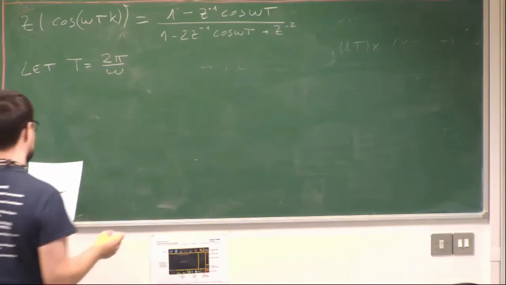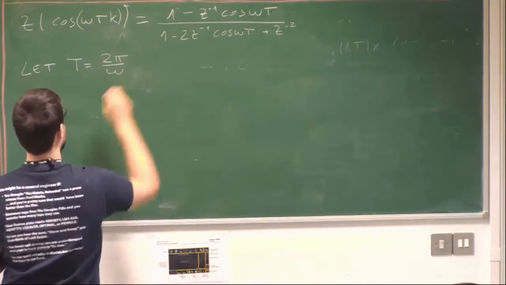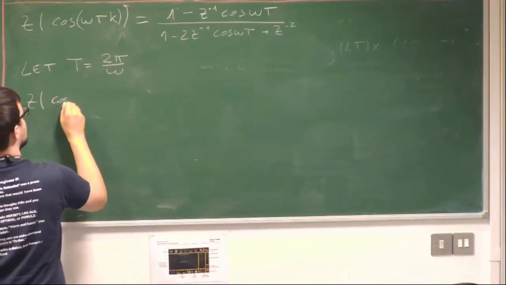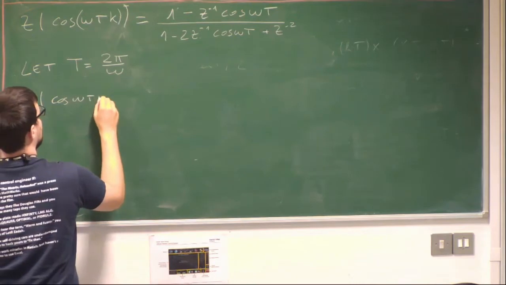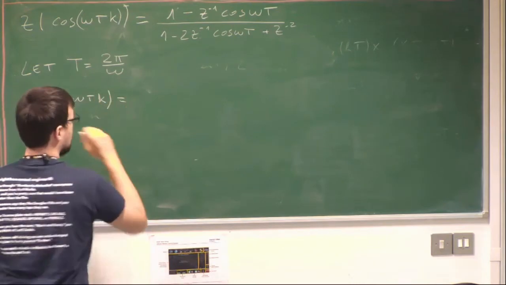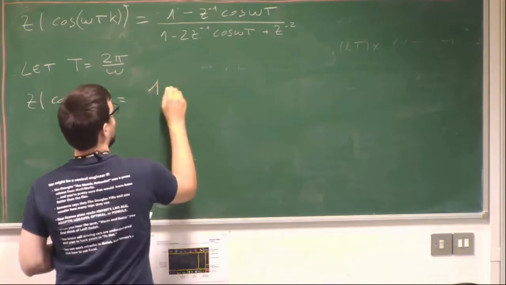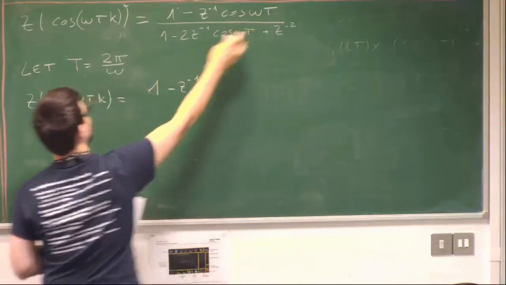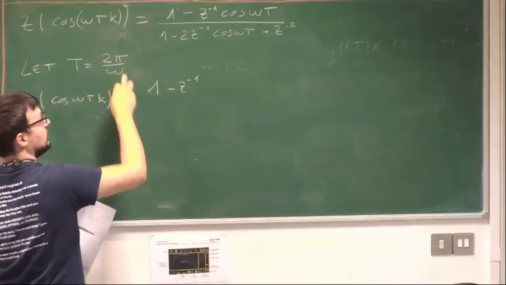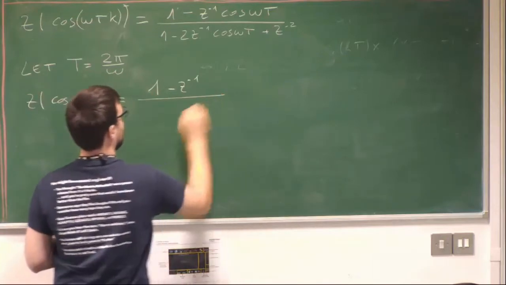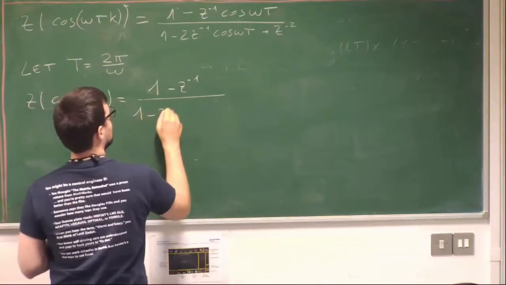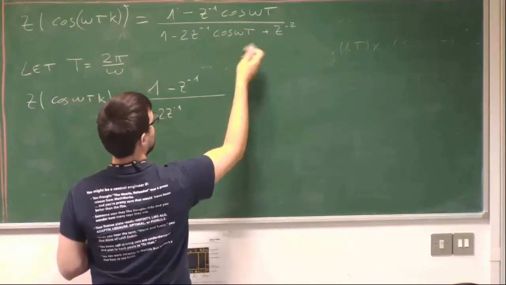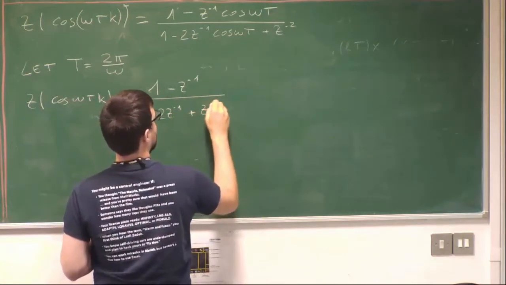Okay, if we pick this sampling time and we replace T in there, then we get that the Z-transform of cosine omega T k is equal to 1 minus z power minus 1 times the cosine of omega T, when T is equal to this, that is the cosine of 2 pi, that is 1, and then we have 1 minus 2z power minus 1 times cosine of omega T, that is 1, plus z power minus 2.